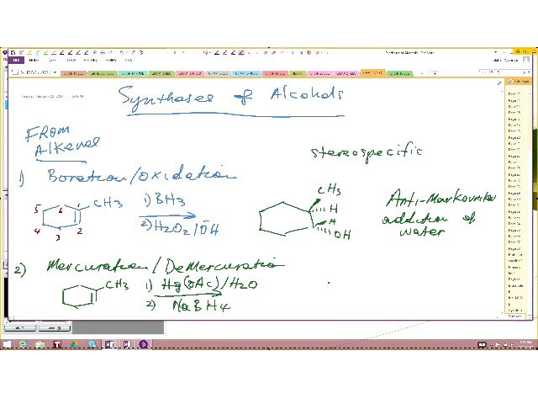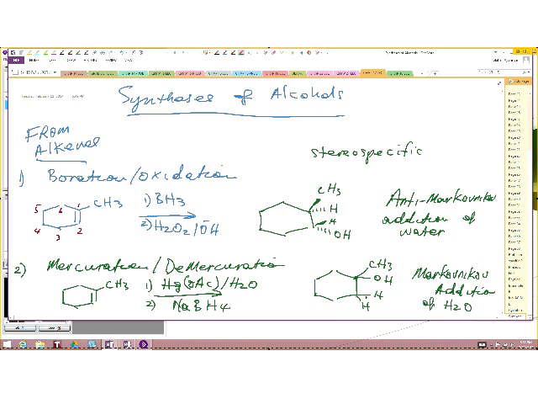And then we get a Markovnikov addition of water across the carbon-carbon double bond, in which case the hydroxy group goes here, and the hydrogen goes here. Now, this is not a stereospecific reaction. Notice we do not show stereochemistry here. So this is Markovnikov addition of water.